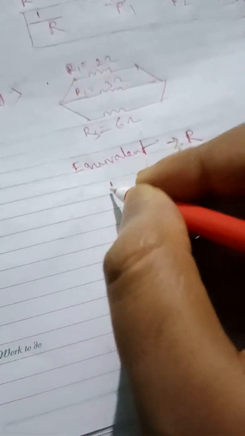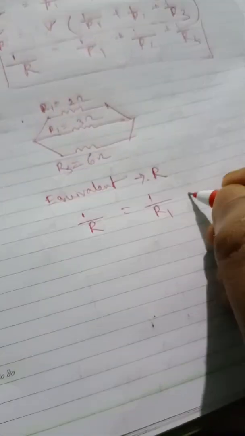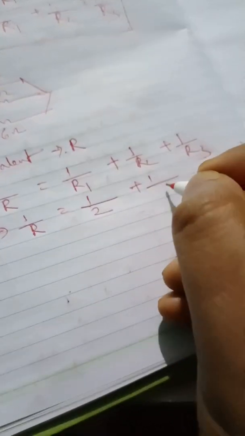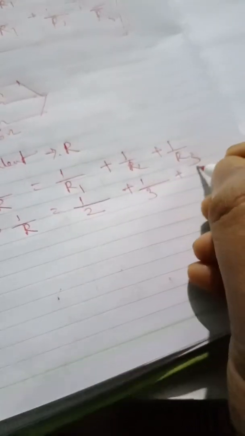So if you put the formula, 1 by R is equal to 1 by R1 plus 1 by R2 plus 1 by R3. Here 1 by R1 means 1 by 2, 1 by R2 means 1 by 3, and 1 by R3 means 1 by 6.